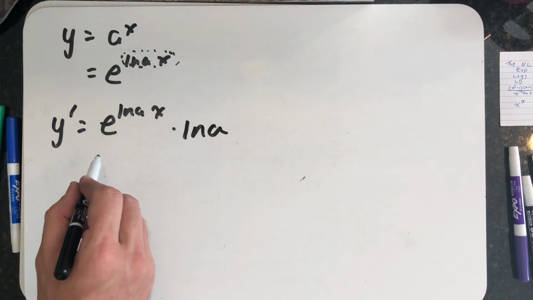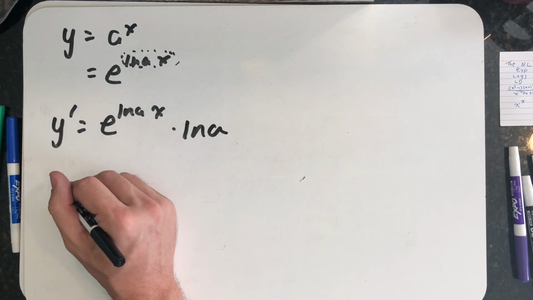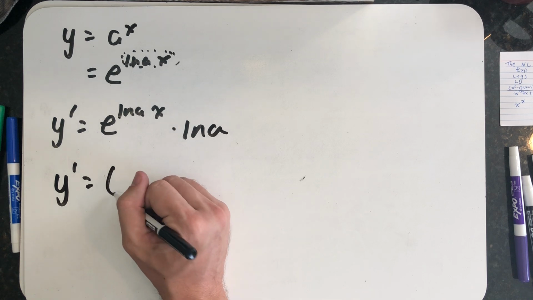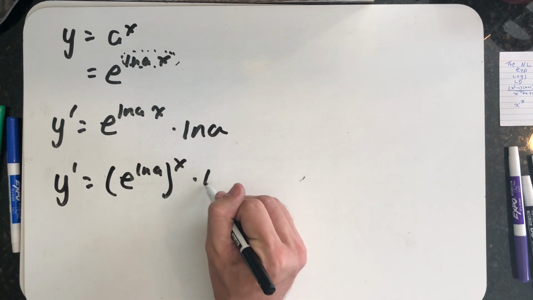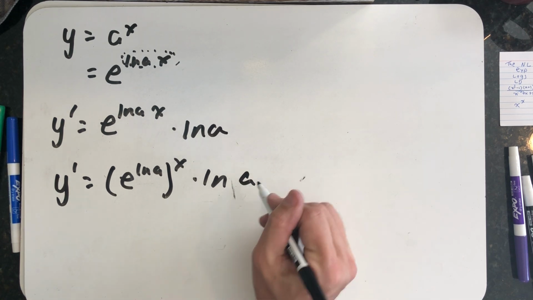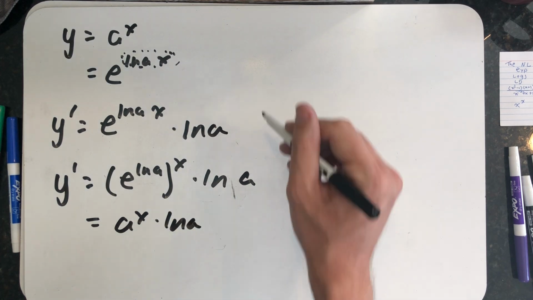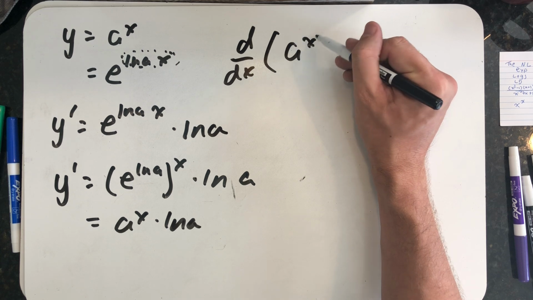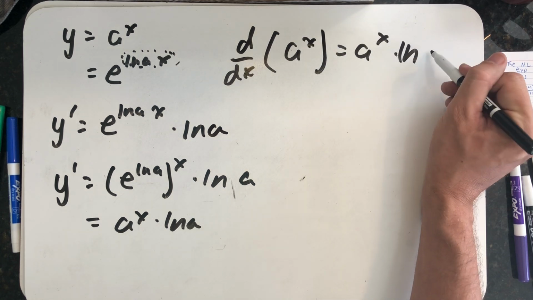Y prime is e raised to the natural log of a times the natural log of a. And then finally, I'm going to write that as simply as I can, remembering that e to the natural log of a was a. So all of that to establish that the derivative of a raised to the x power is a to the x times the natural log of a.